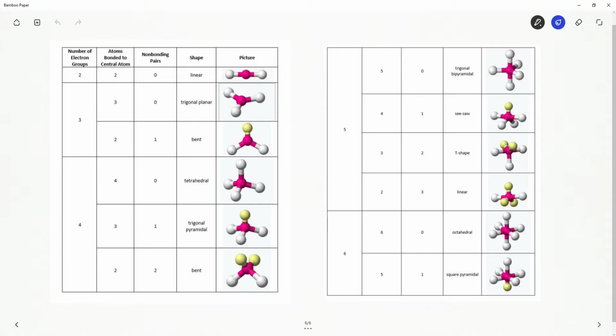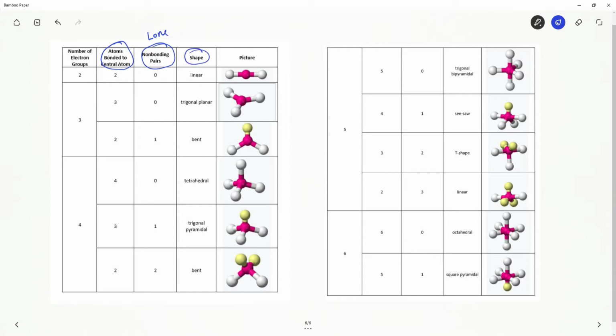Now, once we have drawn a Lewis structure for a molecule, we use the number of atoms bonded to the central atom and the number of non-bonding electron pairs, also called lone pairs. Both of these things help us predict the shape of the molecule.